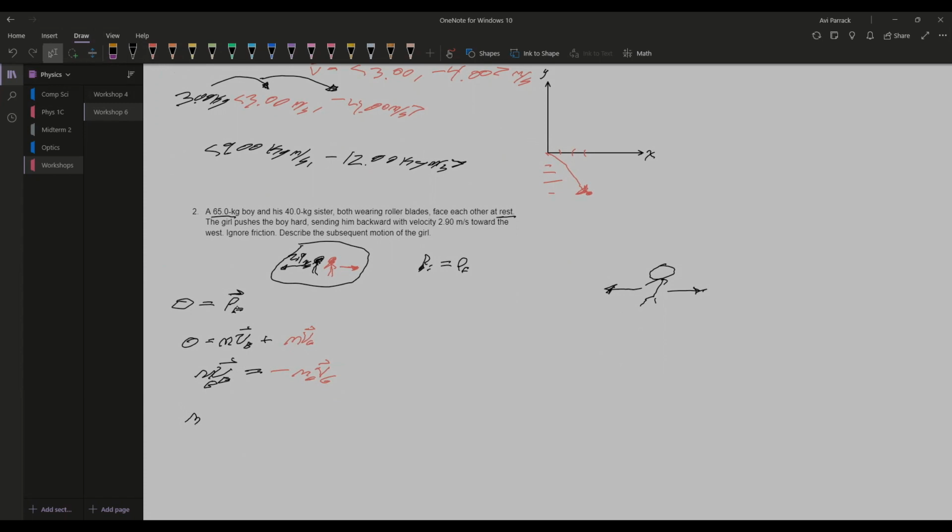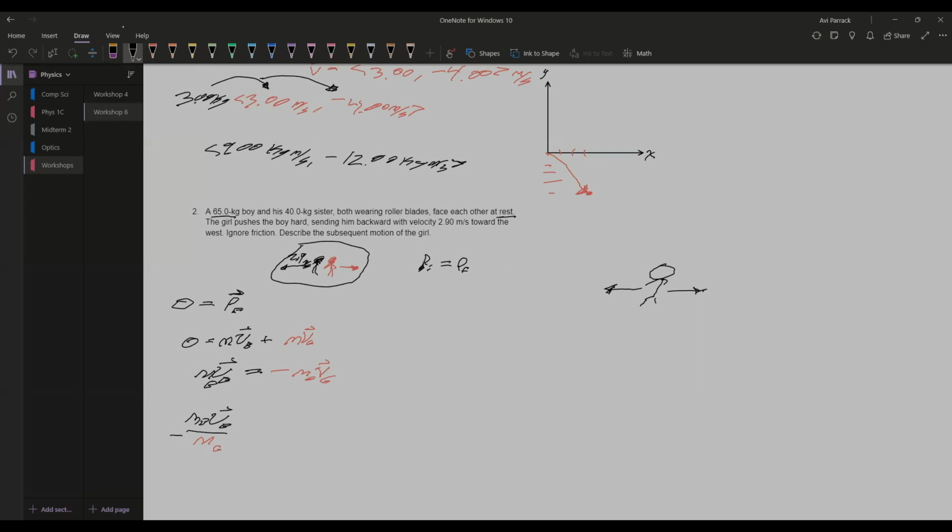So we get m_b times v_b divided by negative the mass of the girl, and that will enable us to solve for the velocity.